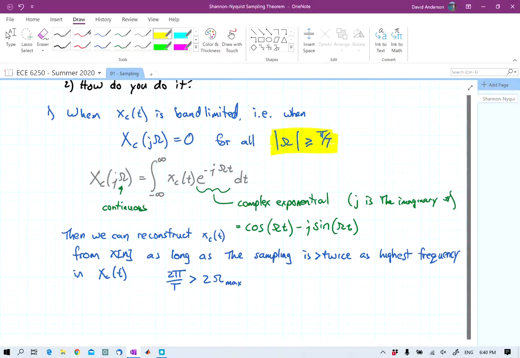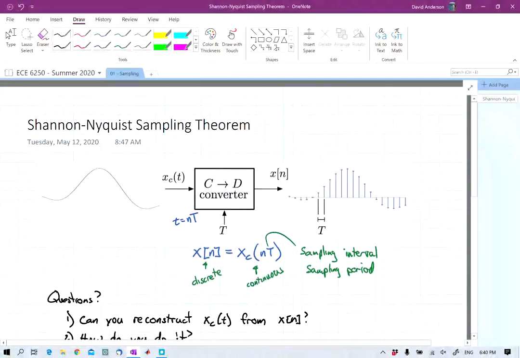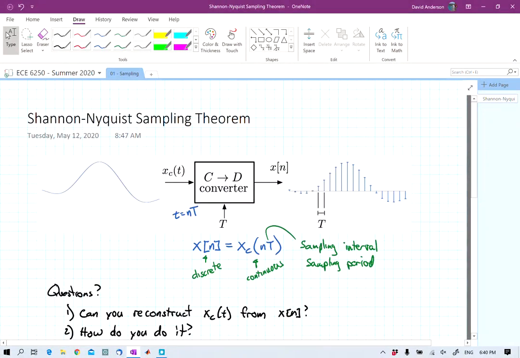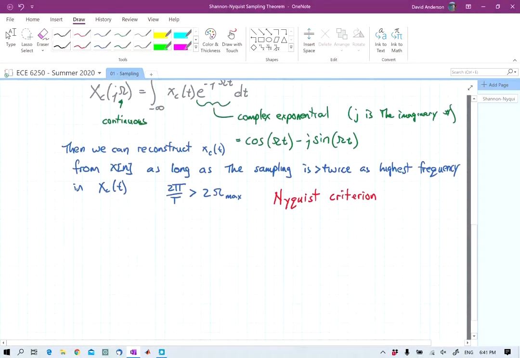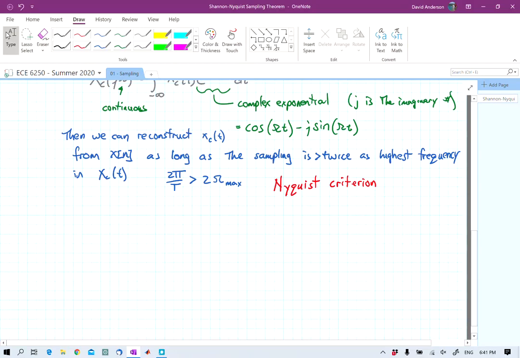So this is the vaunted Nyquist criterion. So you notice up above that we talked about the Shannon-Nyquist sampling theorem, and Nyquist is usually the one referenced with this, but Shannon had some important little additions to make, and we can talk about some of those later.